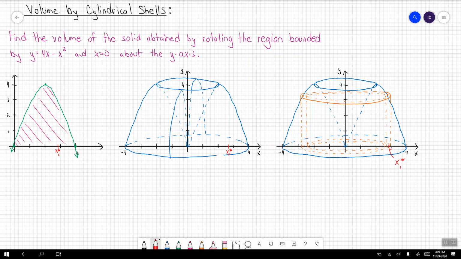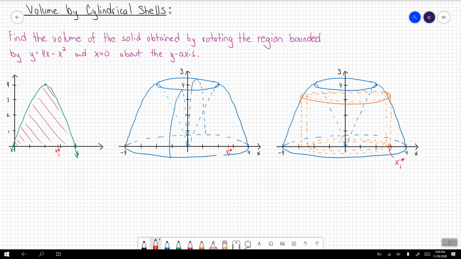Now, for that process, we actually needed each cross-section to be perpendicular to the axis of rotation. That will then bring about this topic that will become a little bit more cumbersome if we say to take this function, which is y is equal to 4x minus x squared, and that it's going to be bounded by the x-axis.